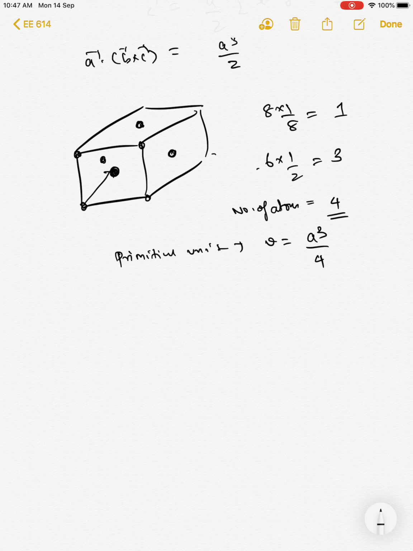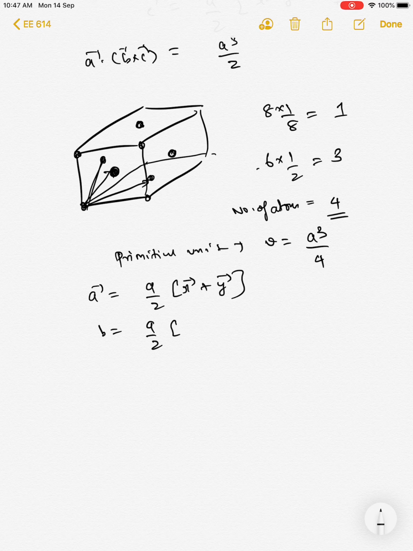There is a cube, there is an atom here, there is an atom at the center of this face. So a vector is a/2 (x + y), b is a/2 (y + z), c is a/2 (z + x).